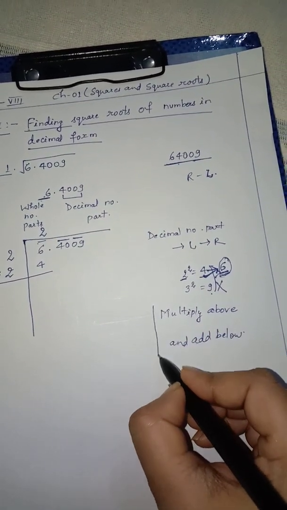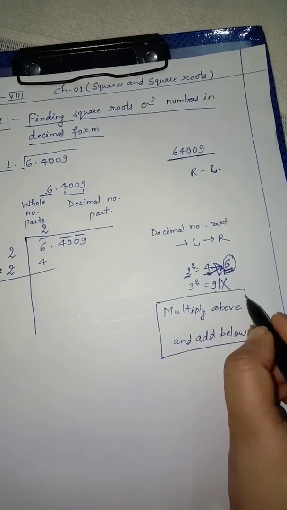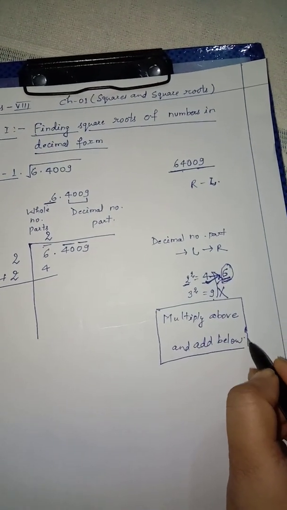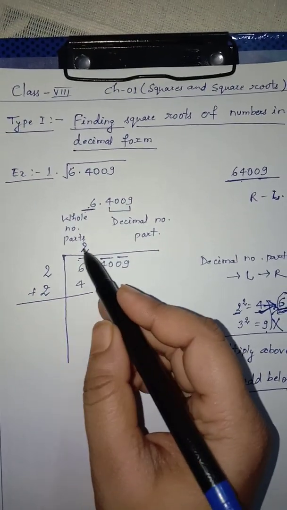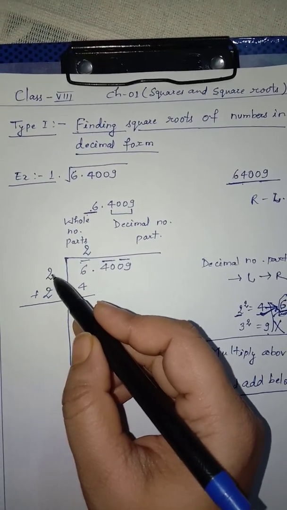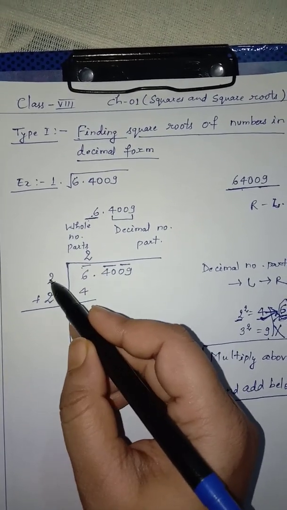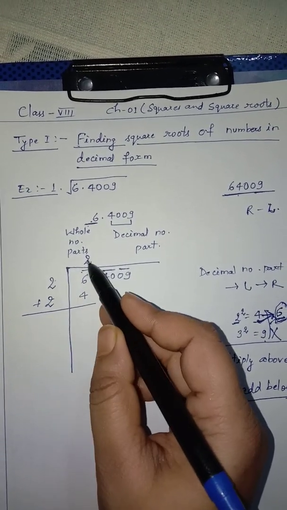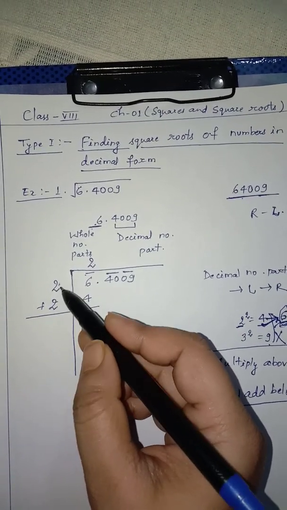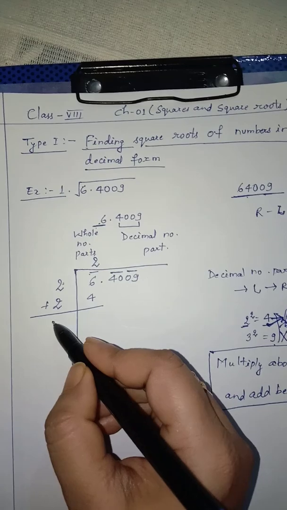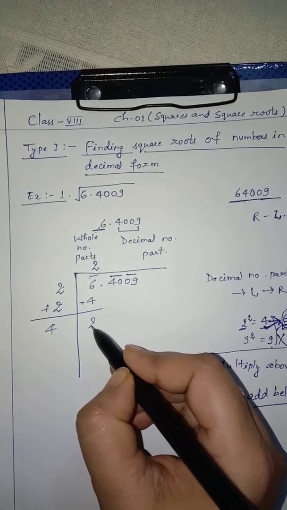This is the formula of the long division method. The digit which we use here, firstly write on the left and at the top, and find the product of these numbers: 2 twos are 4. And add below the same digit: 2 plus 2 is 4. Now 2 twos are 4, so 6 minus 4 is 2.